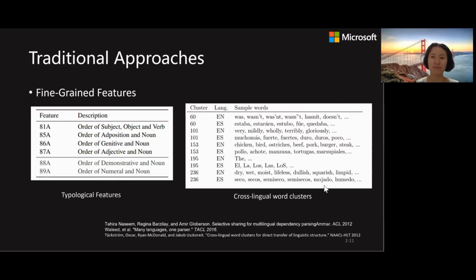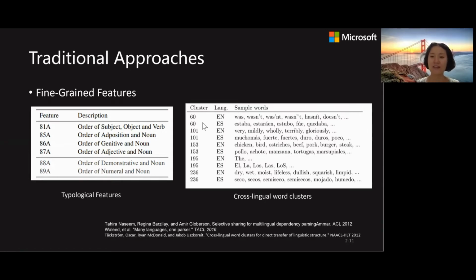languages. Another approach is to use cross-lingual word clusters. The basic idea is to cluster similar tokens in different languages into a group. For example, in this table, the English words in the first line and the Spanish words in the second line have similar meanings, and thus they share the same cluster.